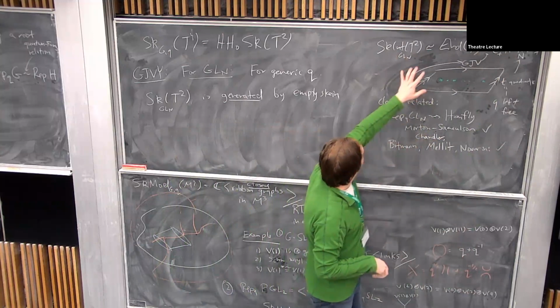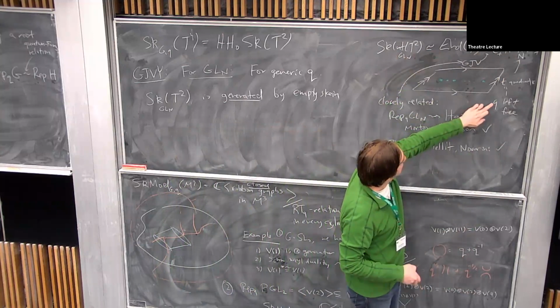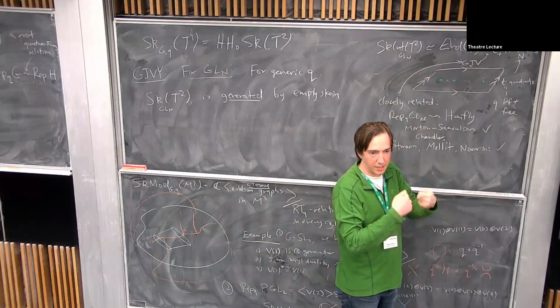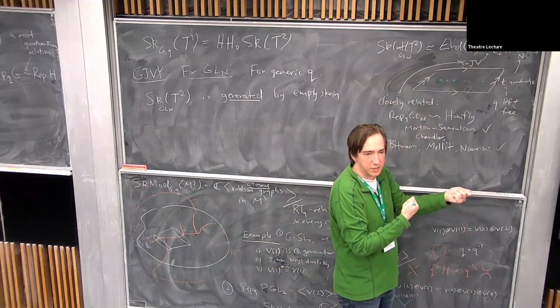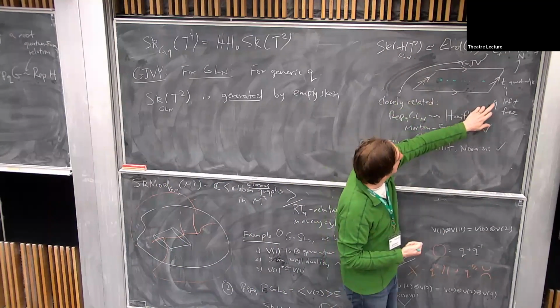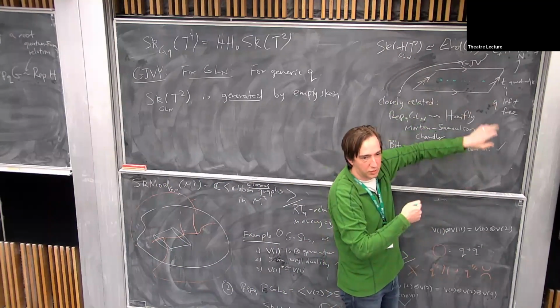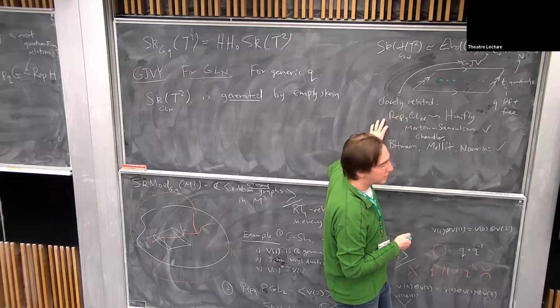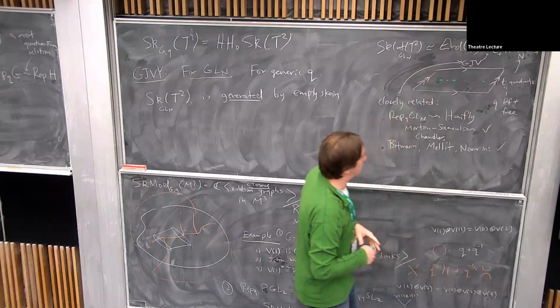Basically, our proof uses the fact that when we send this parameter q to 1, we get something called the commuting variety, and its algebraic geometry is known, and that lets us turn on the q and make it generic. That argument wouldn't work in either of their cases, and their arguments don't apply for us.